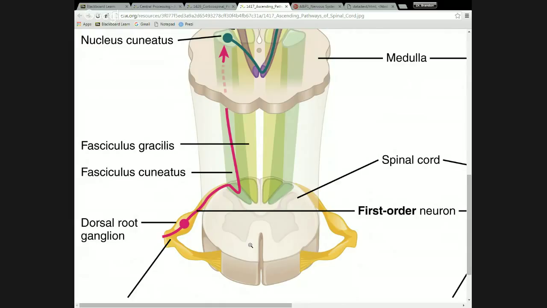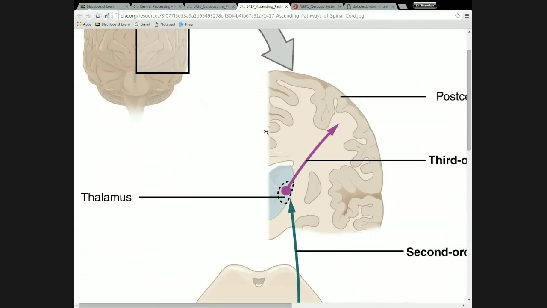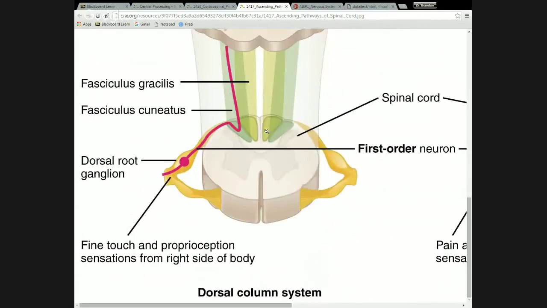We're looking at the cervical spinal cord. So that would mean this would have to be coming into the cuneatus, and it would synapse on the nucleus too. But that point isn't terribly important for the pathway we're talking about here. Just the idea that the two regions within the dorsal column are carrying information from different regions of the body. But that eventually gets all the way up to the top.